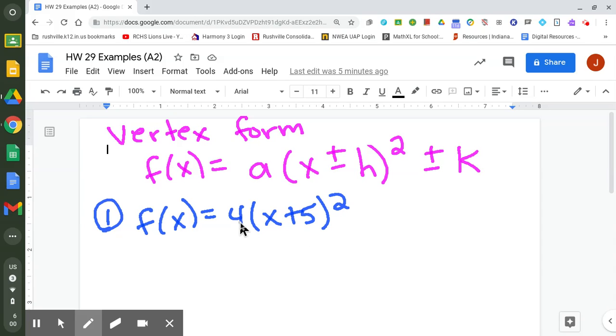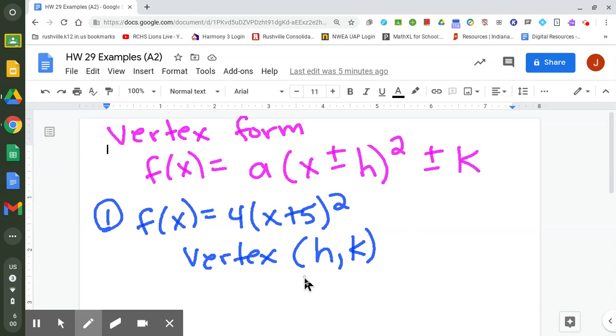And so my given equation, 4 is my a, x of course is x, 5 is the h, and there's nothing out at the end of the parenthesis, that's my k. So the vertex is actually found by taking h, k.